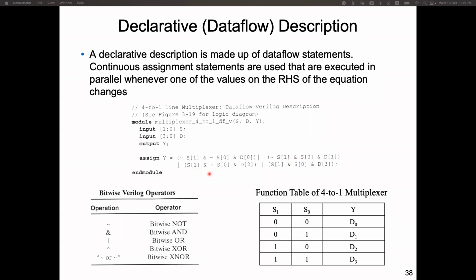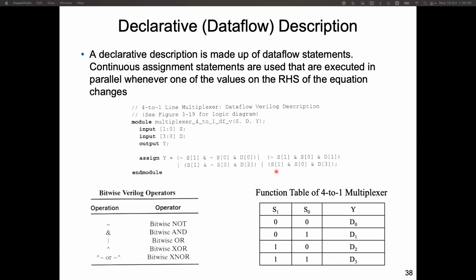Or the next part of the statement, and this little vertical line represents the OR function, when S1 and not S0 are true, that means the 1, 0 case, D2 is passed to the output.